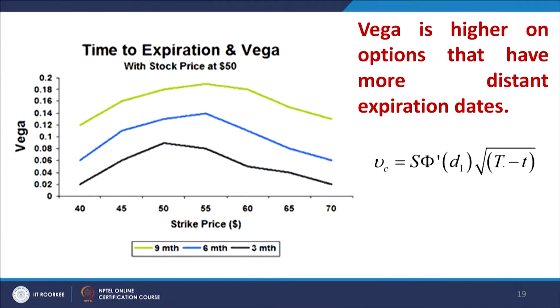This, as you can see here also, as this factor increases, this is the remaining period to maturity. So, if the remaining period to maturity increases, this Vega will also increase. This is the longest maturity option, the green line, and you can see that the Vega of this option is the maximum.